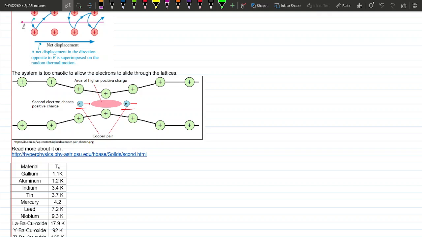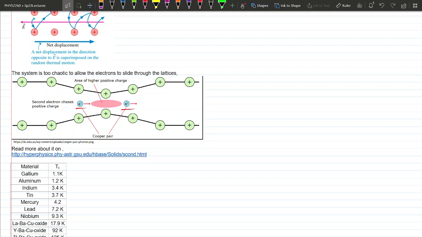It's a little bit more positive here. And the next electron basically follows that. While this keeps happening, you create a little tunnel for the electrons to pass through straight instead of bouncing off the lattice. Does that make sense?